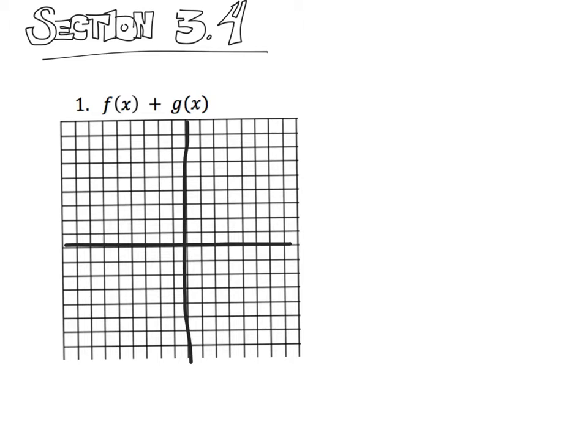The very first graph is f of x. Notice f of x crosses the y-axis at -3, so I'm going to put a spot right there. And it crosses the x-axis at +3, so I'm going to put a spot right there. And I am going to try my darndest to connect all of that with a straight line. Okay, that's not too bad.